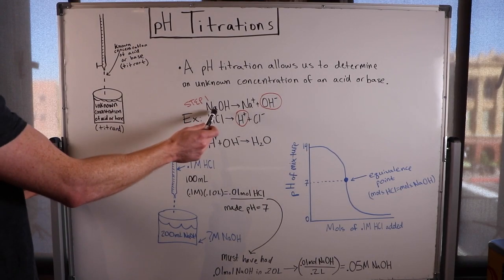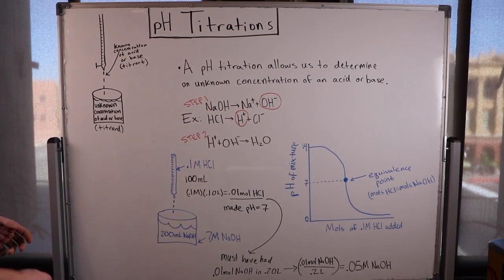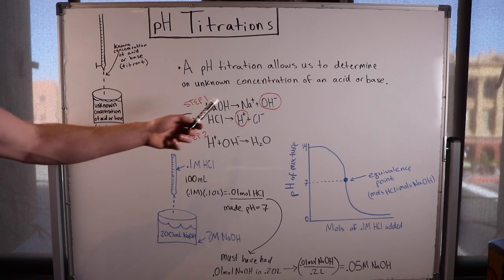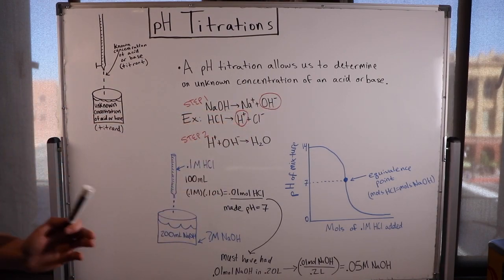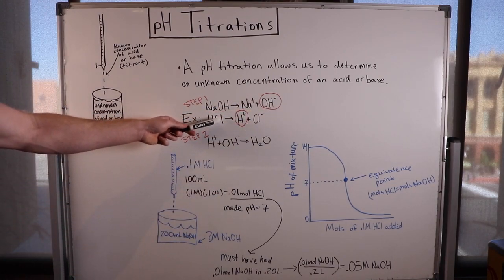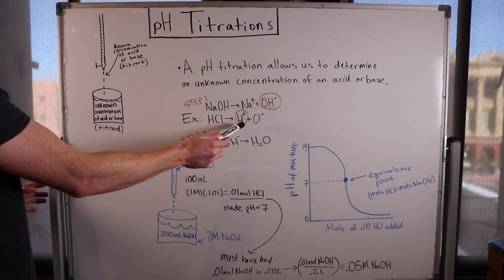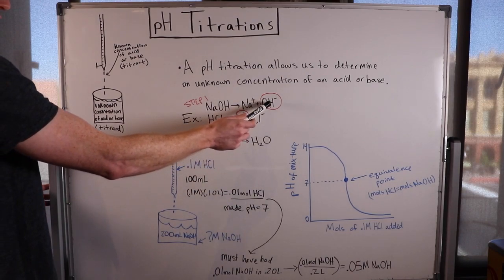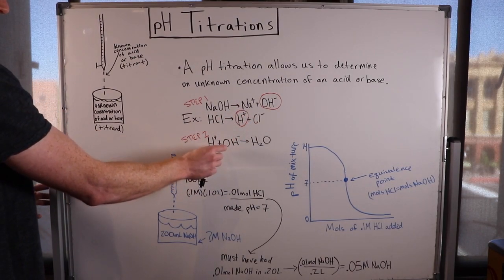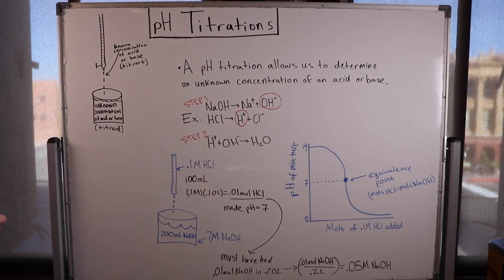So we know NaOH dissociates into Na+ and OH-. It's a strong base. And we know that of those ions, only OH- will affect the pH, and HCl will dissociate into H+ and Cl-, and of those ions we know only H+ will affect the pH. So we allow those two important ions to neutralize each other in step 2, and they are going to create pure water.